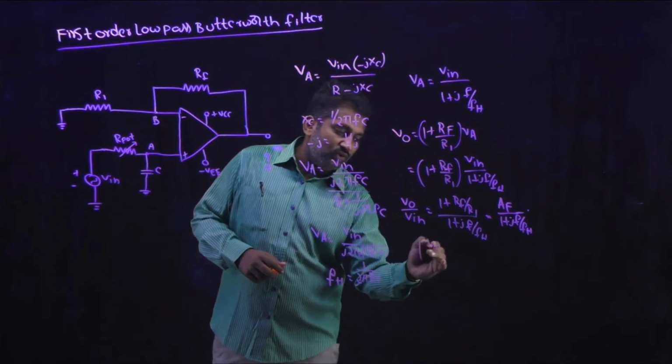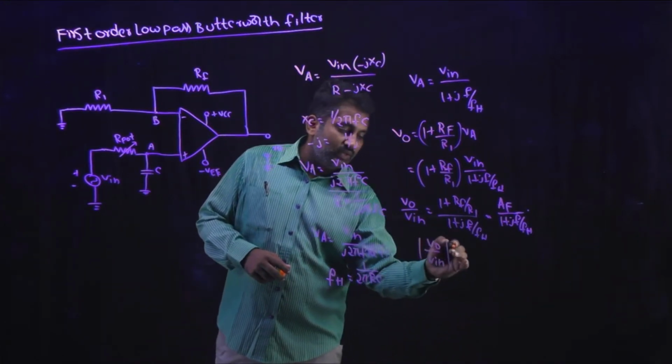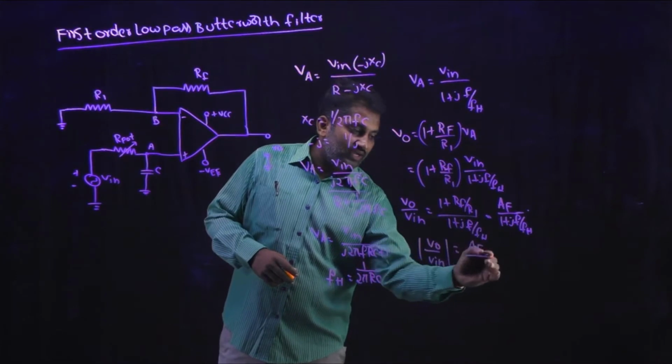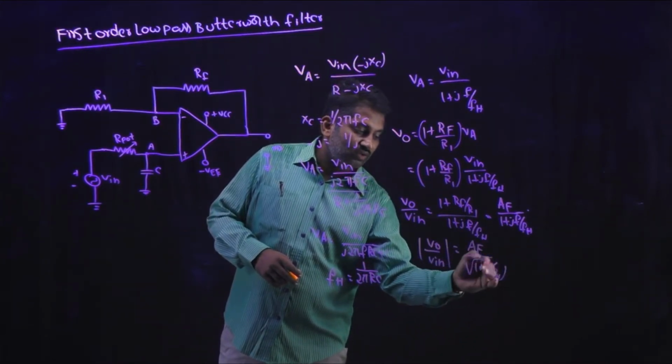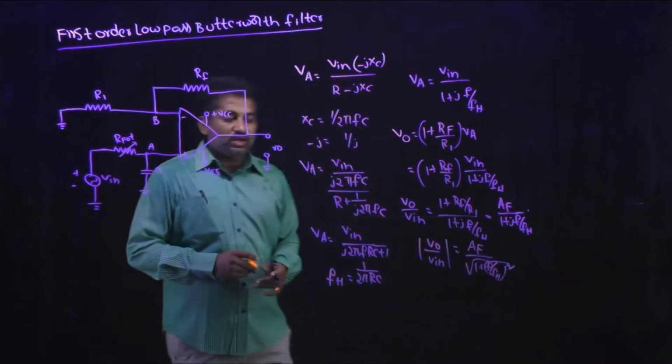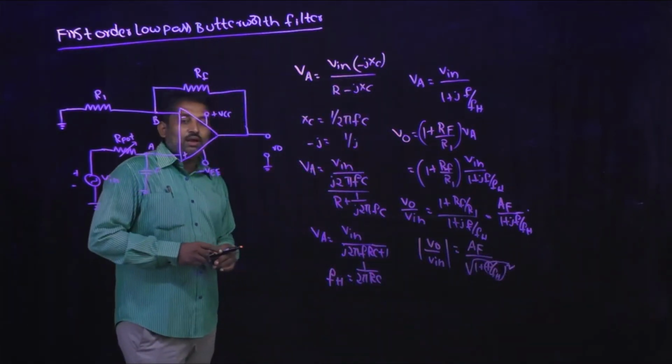The modulus of V0 by Vin is equal to AF divided by the square root of 1 plus (F by FH) squared, which is the magnitude.